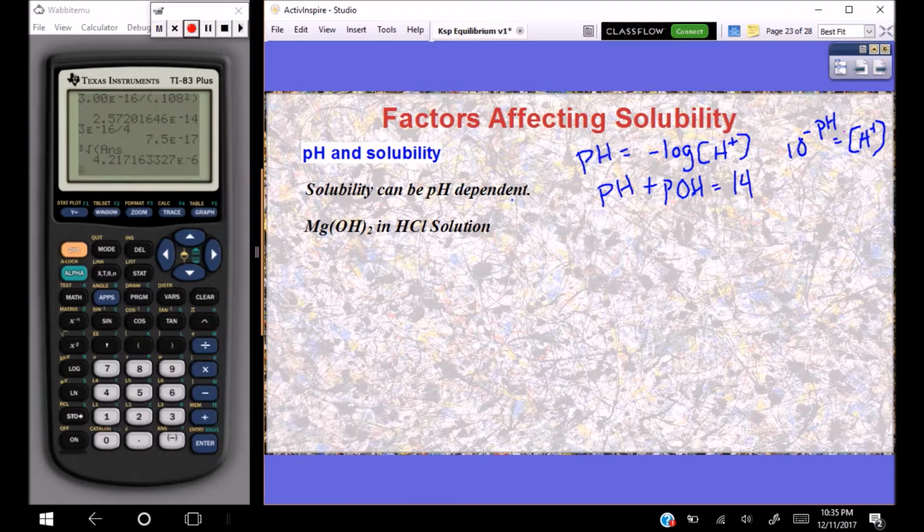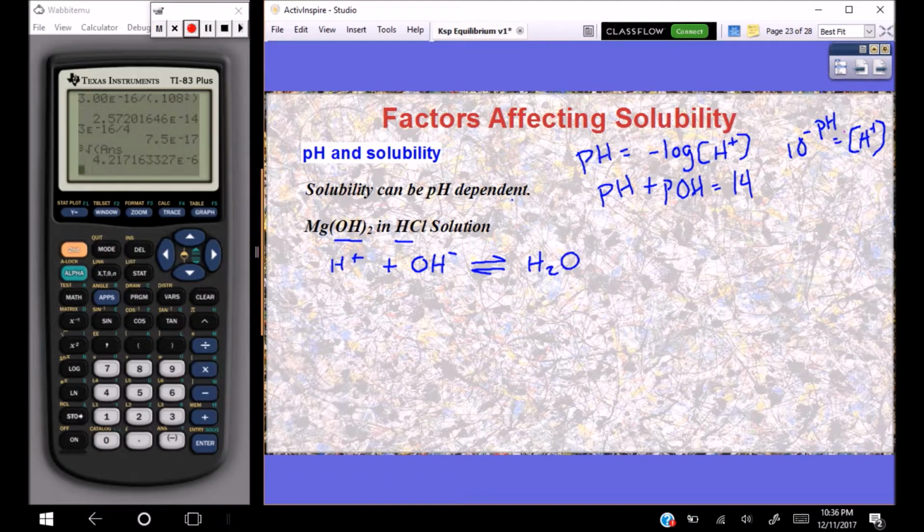So the example we have here, we're going to do kind of qualitatively. We have magnesium hydroxide, but it's in an acidic solution. Okay, so whenever I see H and OH, that's a huge key. What's really happening here? What do we get when we have H and OH? This is a neutralization reaction.